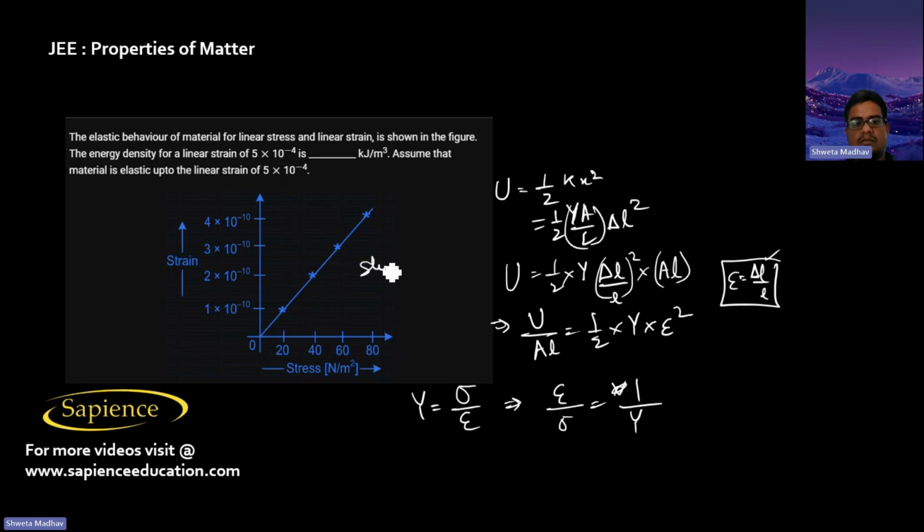So here the slope of this graph will give us the value of 1 by Young's modulus, 1 by Y. So therefore the slope, this point we can take, which is at stress equal to 80.